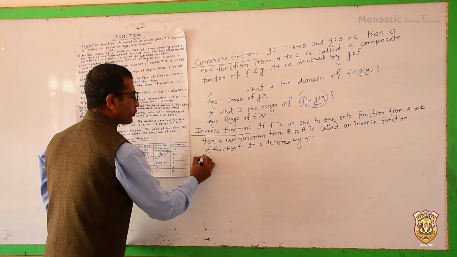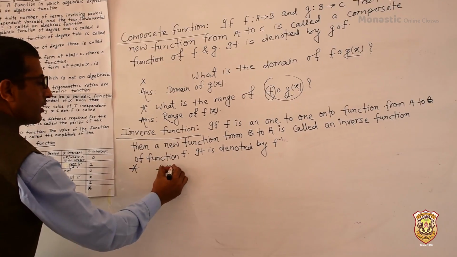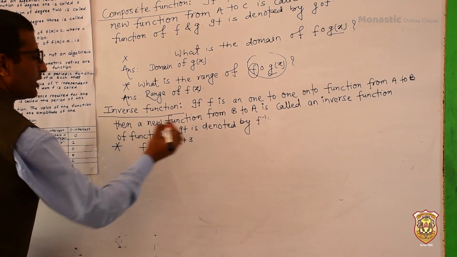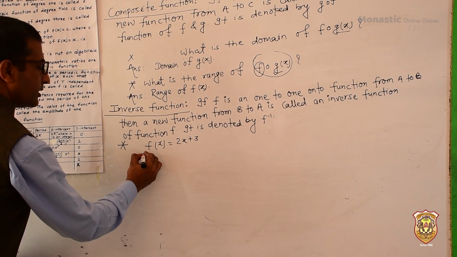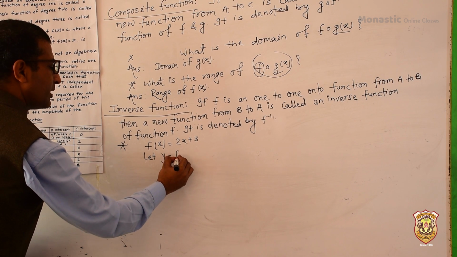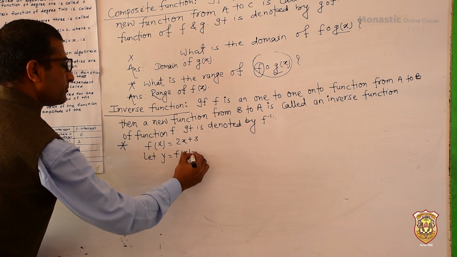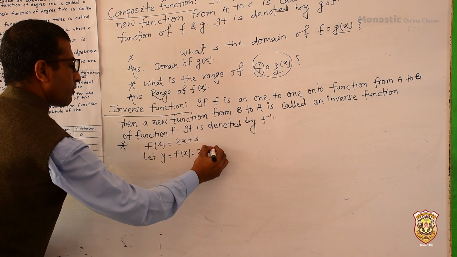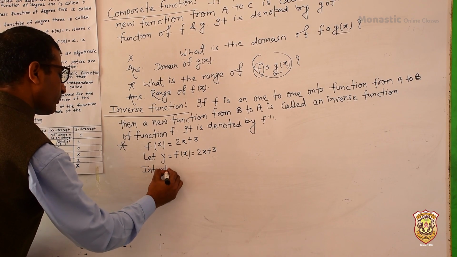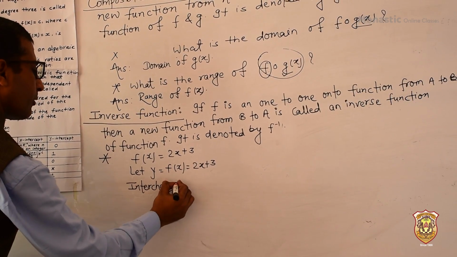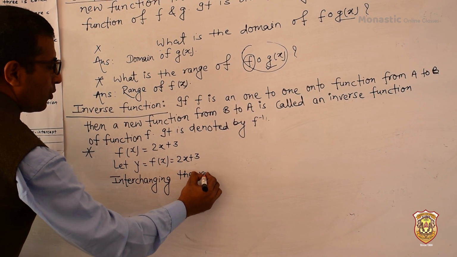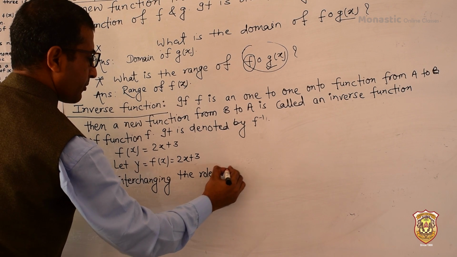How to find the inverse function of a function? If a function is given and we have to find the inverse function of this, we will always suppose image as y, then interchanging the role or position.